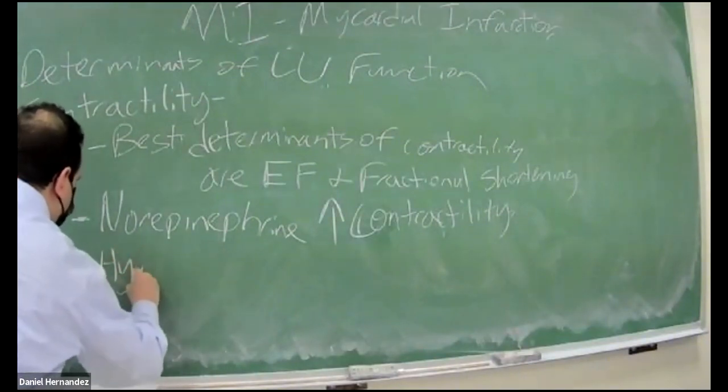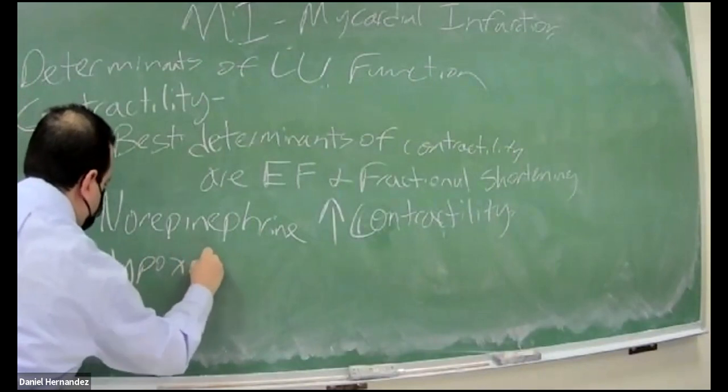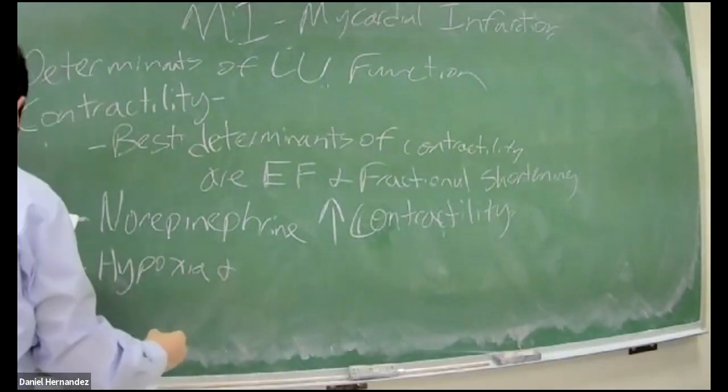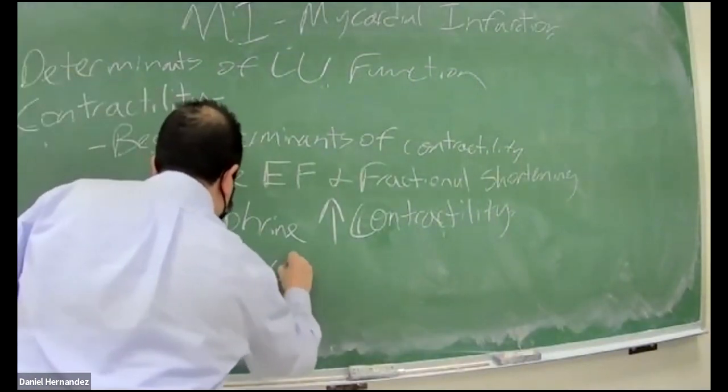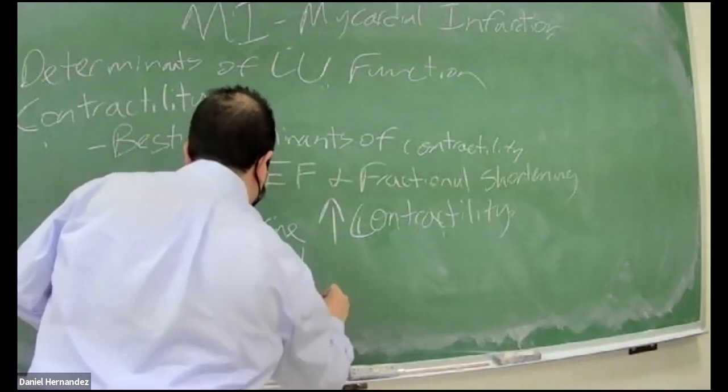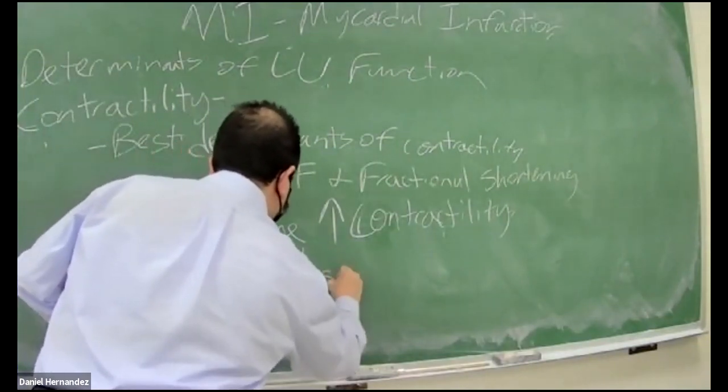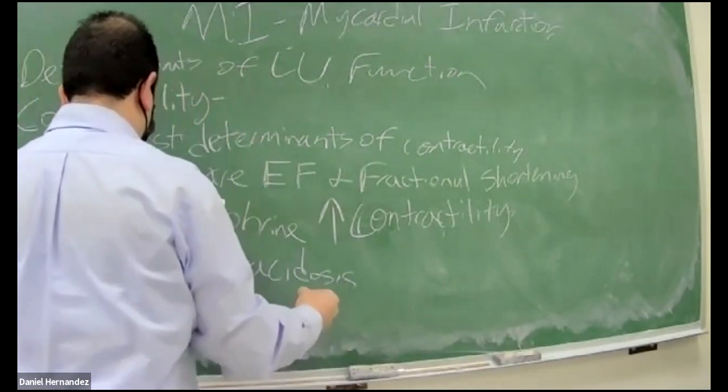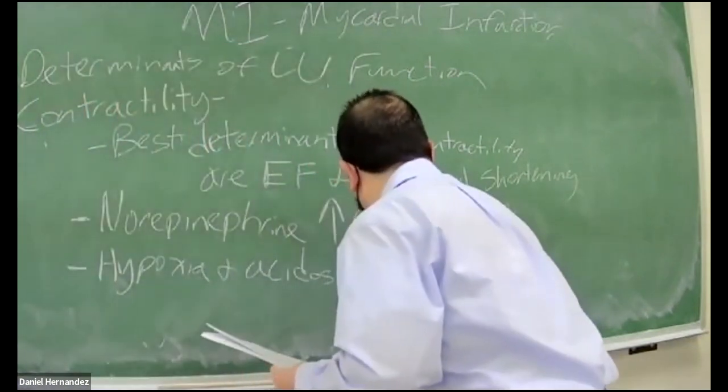Hypoxia and acidosis decrease contractility.